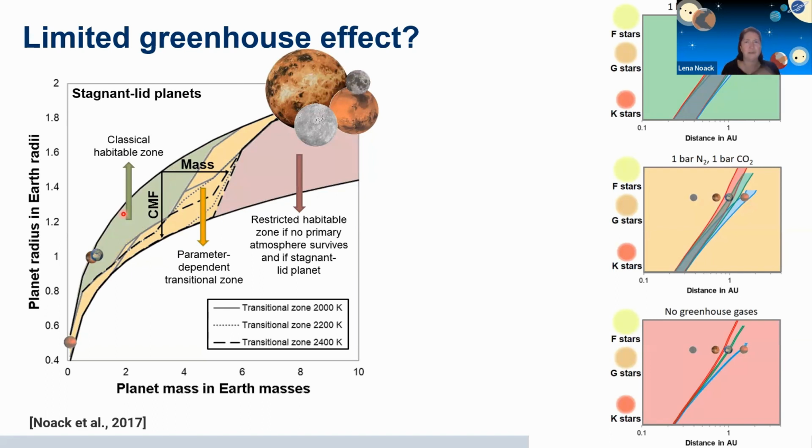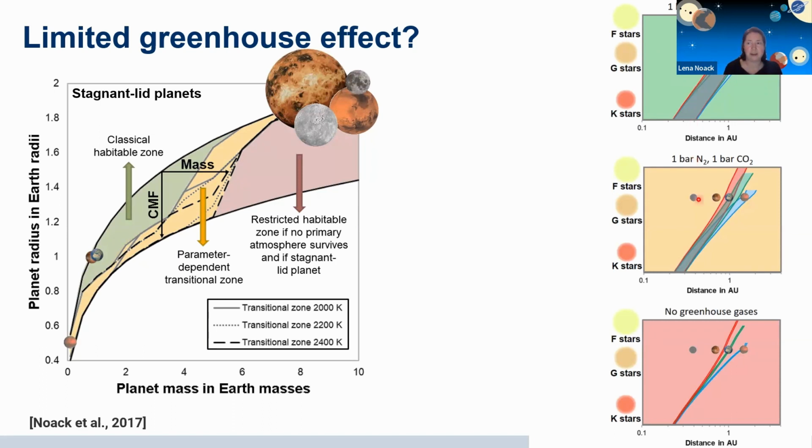And so our theoretical concept of the habitable zone, where we look at the planet being somewhere at a specific distance from a star, always assumes that we have a large amount of outgassing available. So at least about 10 bar of CO2, so that if you go a little bit further away from the star, the CO2 cycle can actually become active, and we have an efficient greenhouse heating.